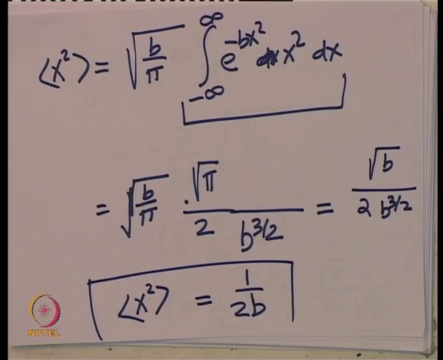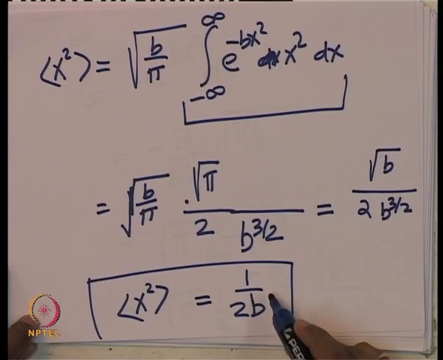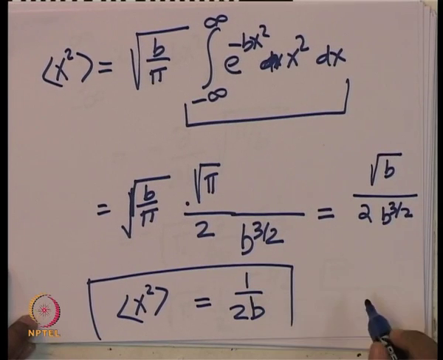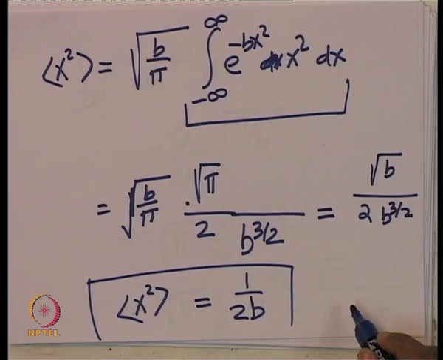So, what did we find? We found two things. We found the x average of a Gaussian function, this particular normal distribution. If you look at the slide, you will see that x square average is 1 over 2 b, and we had found that x average is 0.